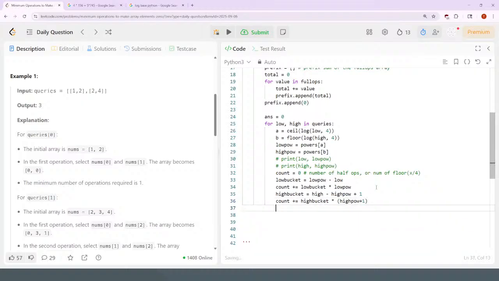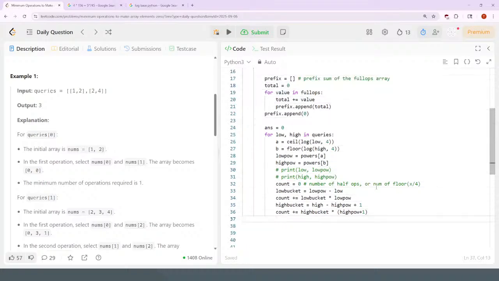And then the stuff that is the full buckets between them, which should be differentiated by the difference between A and B. Or A and B are the indices for the full buckets.